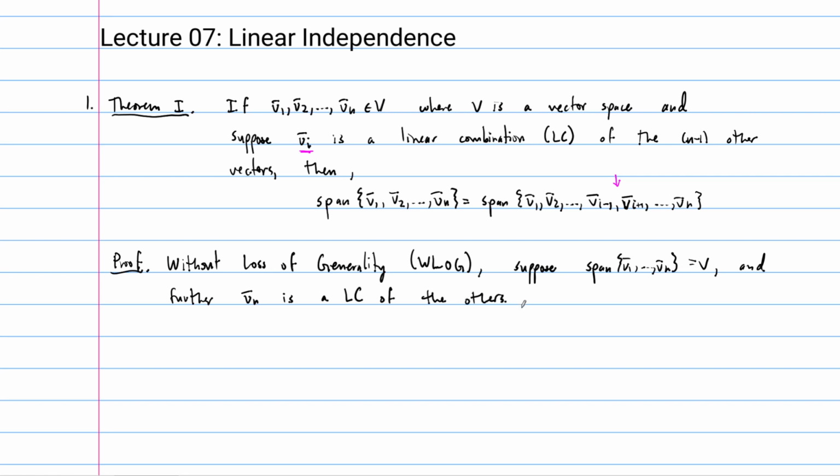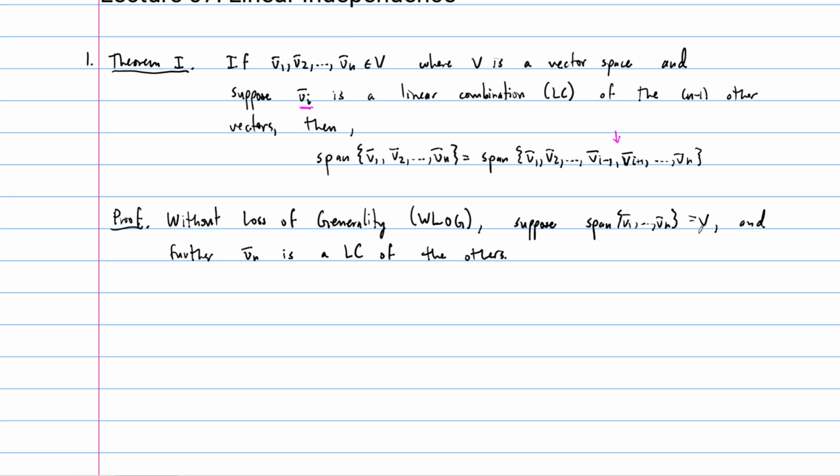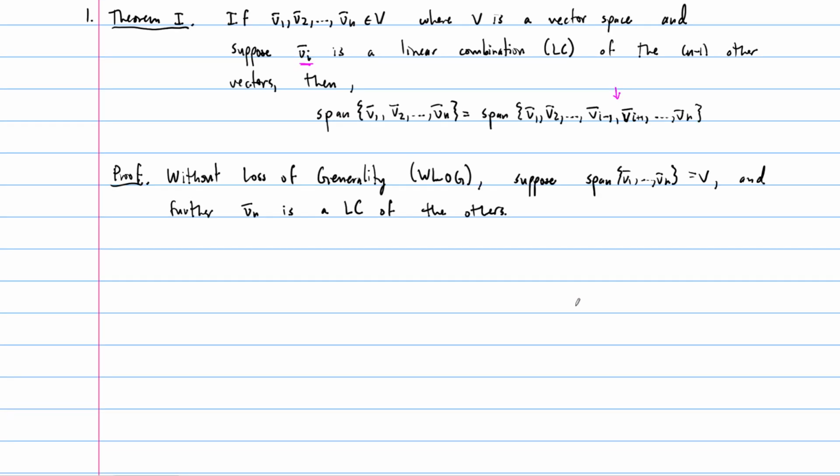All right, so what we'd like to do is show that the span of the n minus 1 of those, without Vn, the last one, is still equal to the space V. So here's what we have to do. Because this is a linear combination of the others, then we can write that Vn is equal to, let's say, alpha 1 V1 plus alpha 2 V2 plus all the way up to alpha n minus 1 V sub n minus 1.